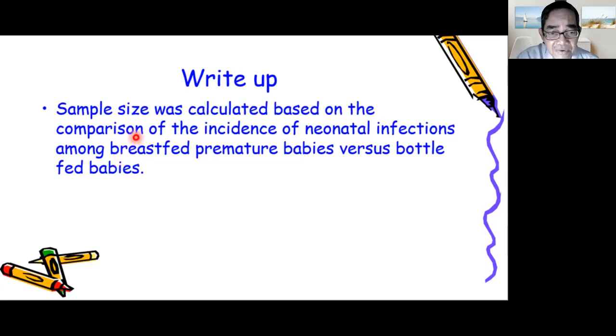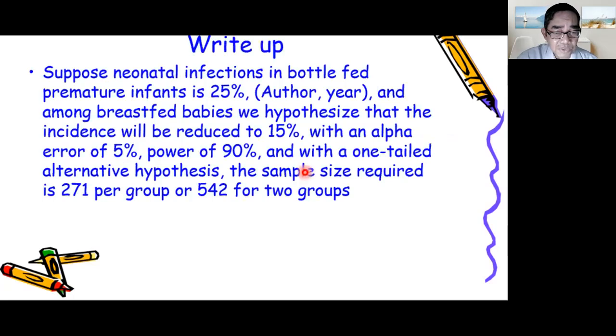Sample size was calculated based on the comparison of the incidence of neonatal infections among breastfed premature babies versus bottle-fed babies. Suppose neonatal infections in bottle-fed premature babies is 25%, and I normally say you provide the author for that.